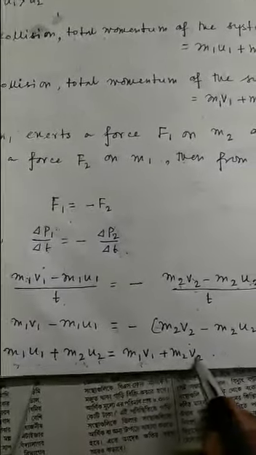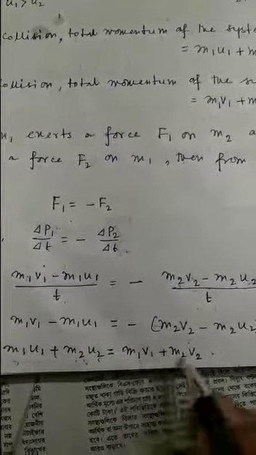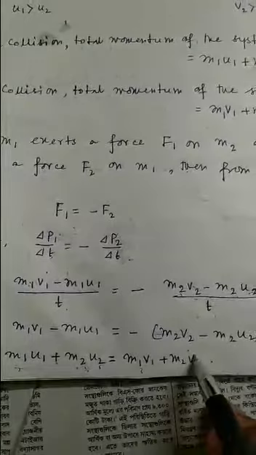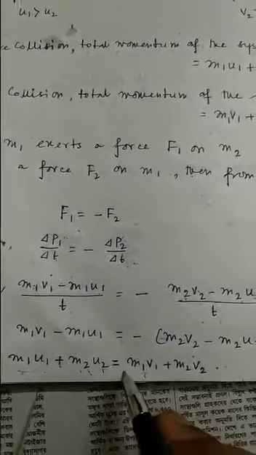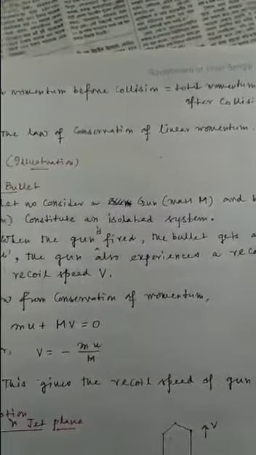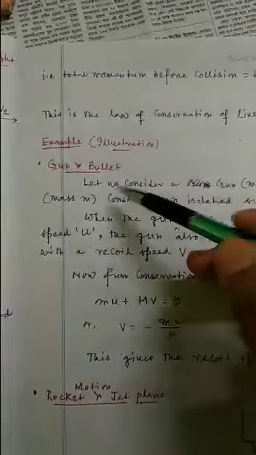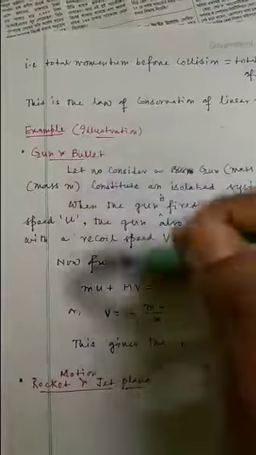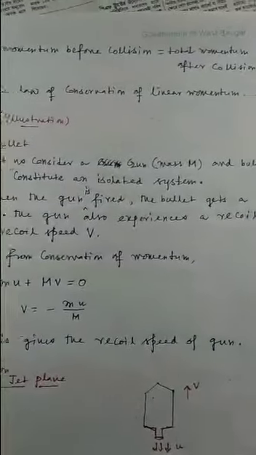Here this expression denotes the total momentum of the two body system after collision. They are equal. This is nothing but the law of conservation of linear momentum. Is that clear?